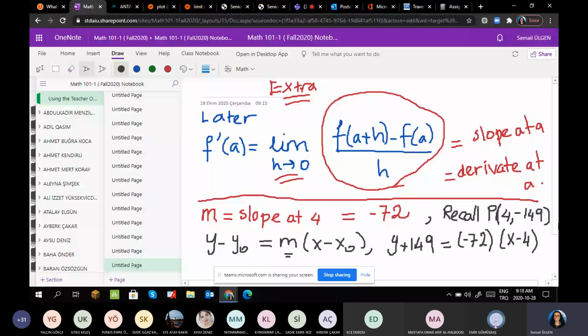That's our final answer. I'm going to put it in a box. This is the equation of the tangent line to the curve at the point 4 to negative 149, and we are done.